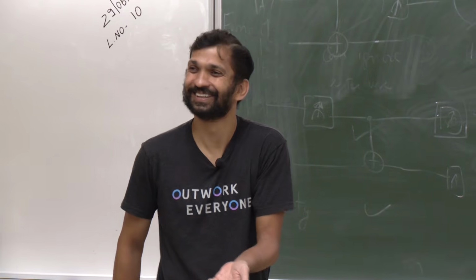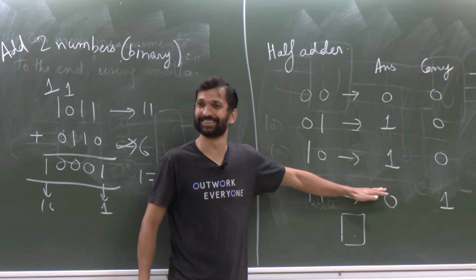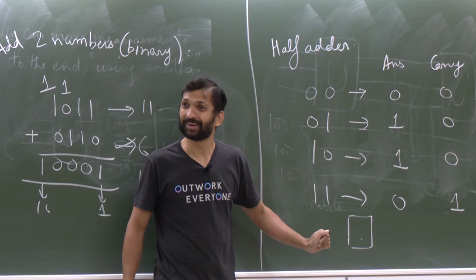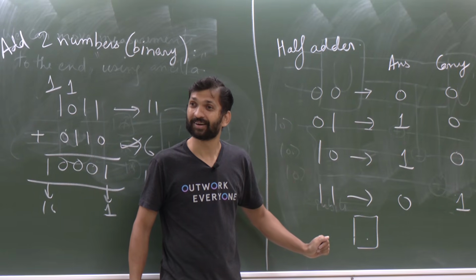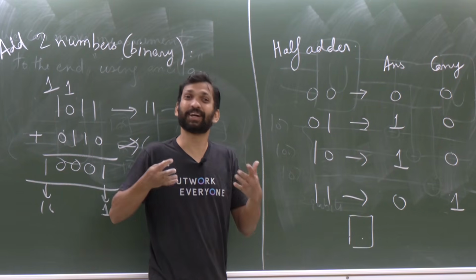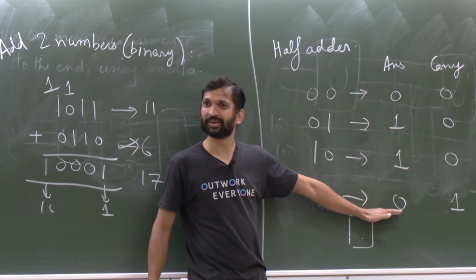Very good. There is no unitary like this which can go from here to here. Why? Remember unitary definitions. This is the basis. Is this a basis?